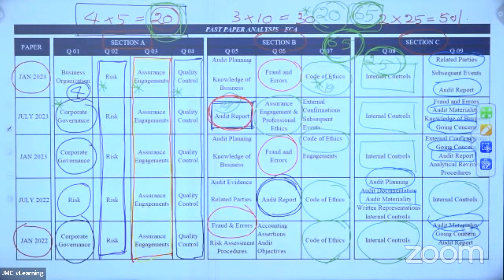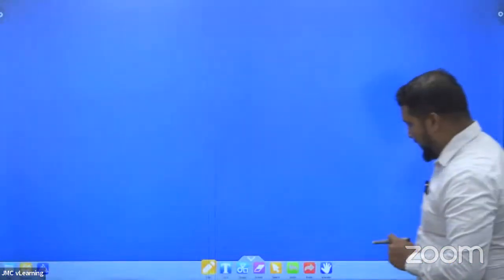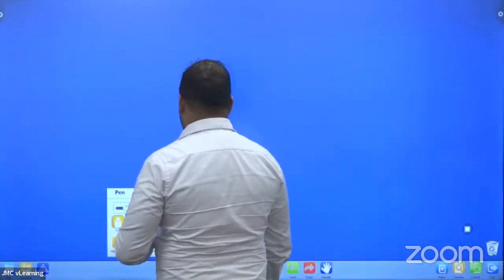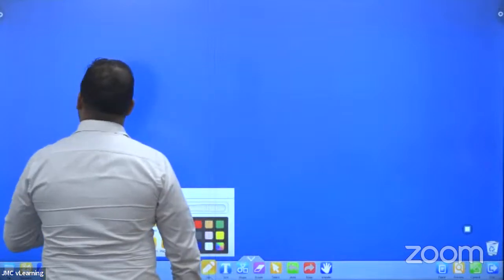Right, okay. Fine. Before we move to the paper itself, let me summarize the probable areas which might be tested at the exam.